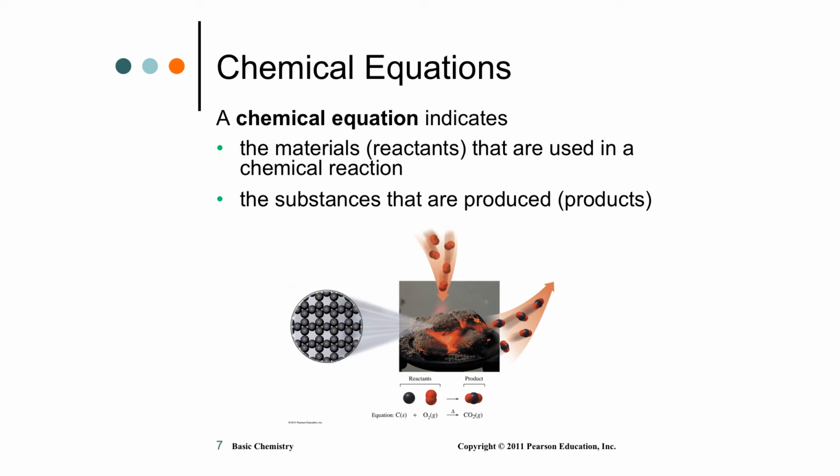Those are your reactants. You break them apart. The energy comes out, and then new energy is required to make the new ones. So you end up with either releasing some energy or absorbing some energy from the environment, and with new product. So here you have some charcoal. Charcoal is being burned.